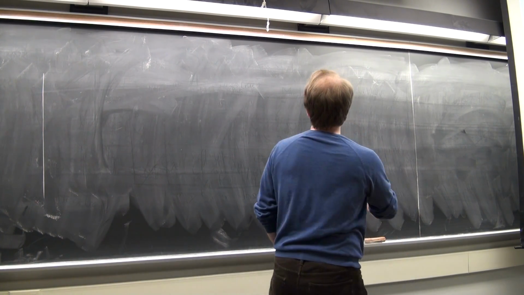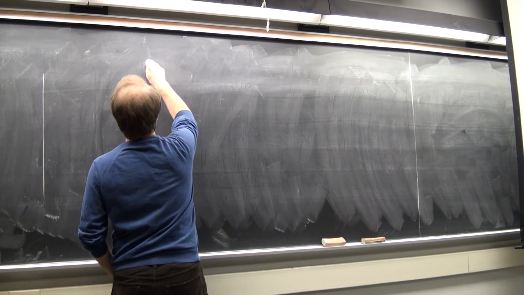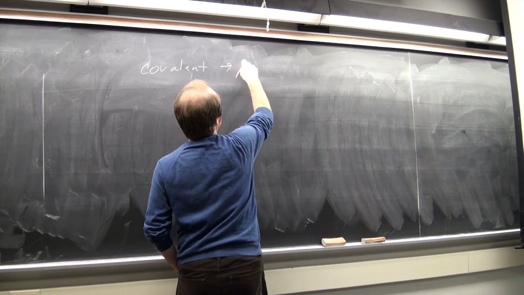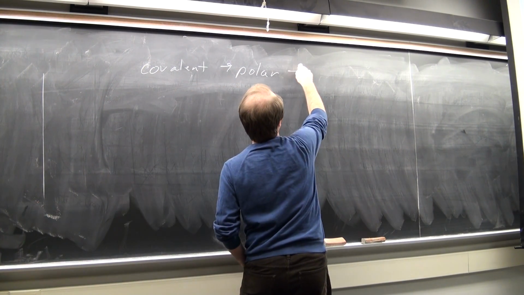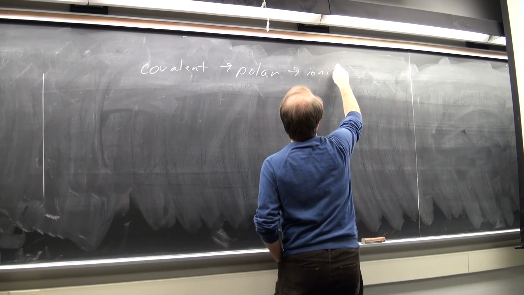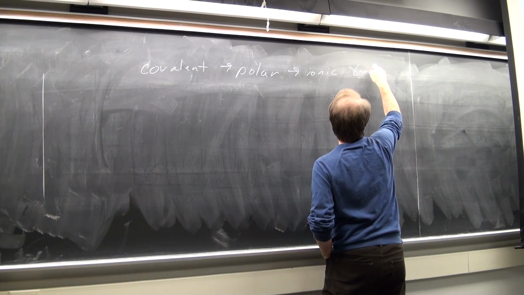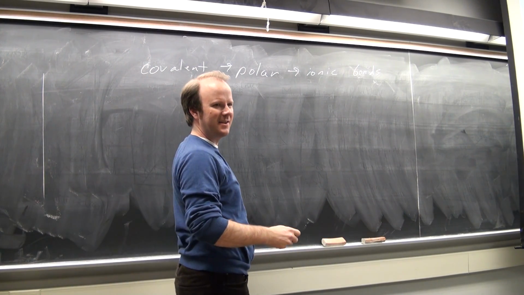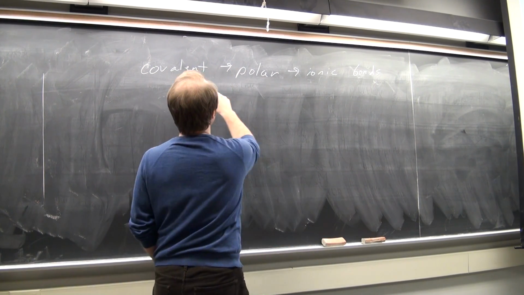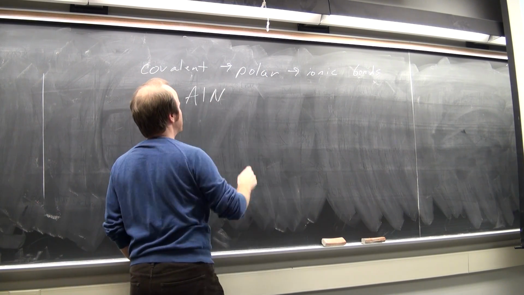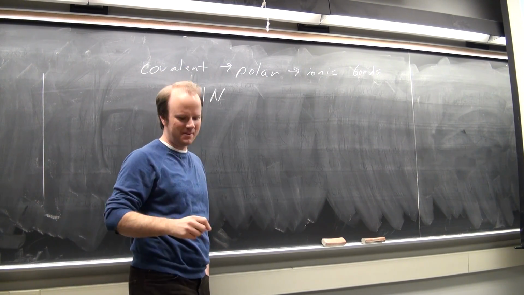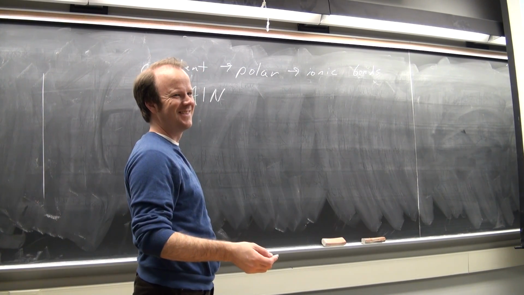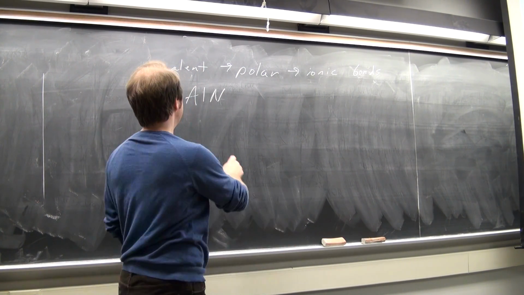So we're talking about the difference between covalent, polar, and ionic bonds, right? And aluminum nitride is AlN. So what's the electronegativity of aluminum? 1.5.